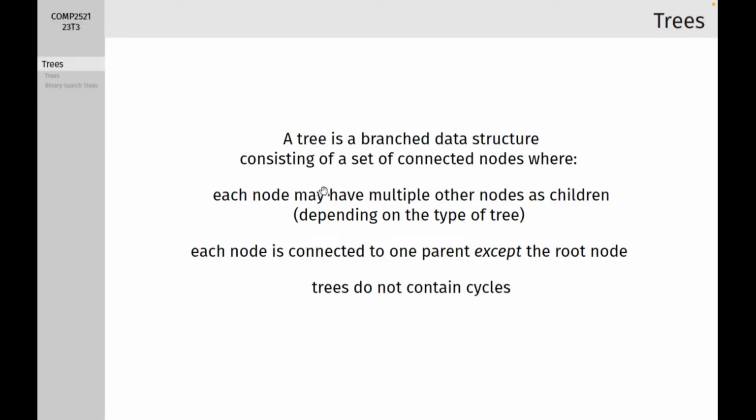Each node is connected to one parent except for the root node. So you have one node, which is the root node, and all the nodes are descendants of the root node. Because of that, trees do not contain cycles.